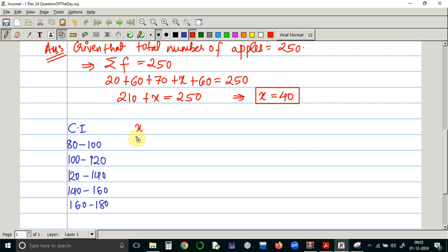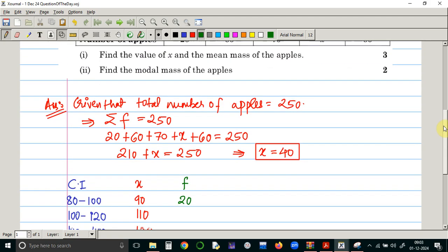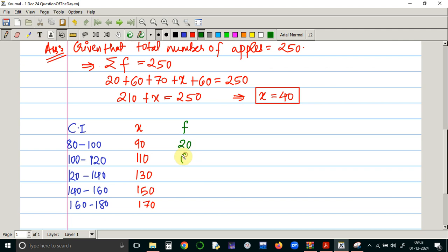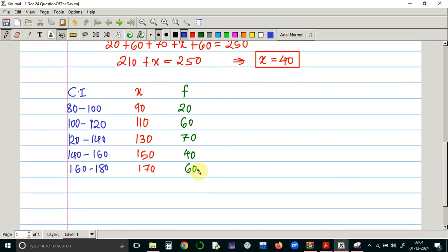So 80 to 100 midpoint is 90, then 110, 130, 150, 170. Then the given frequencies: 20, 60, 70, the value of x is 40 and the last frequency is 60. The sum of all frequencies, that is capital N, is 250.